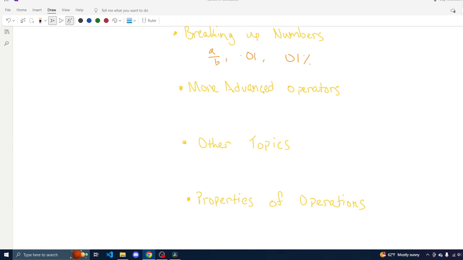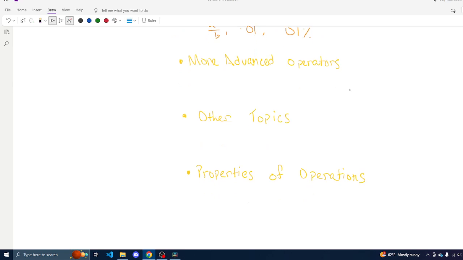Then you would discuss more advanced operators. And like I said, you probably wouldn't really talk about any of these until you got to an algebra class as well. But these would include things such as exponents, different radicals or roots, and logarithms.